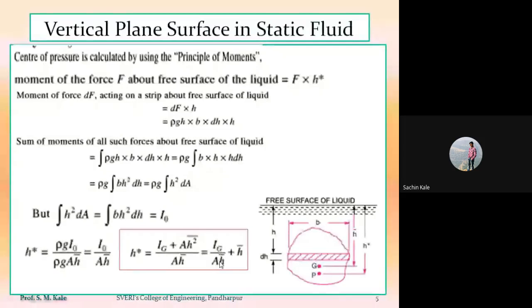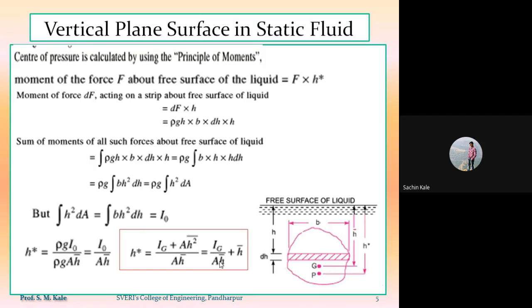Whereas the value of F, that is the pressure force acting on that body, depends upon rho g A h bar. That means it depends upon the density. So if I immerse the same object in water, and the same object in oil, then the pressure force acting in case of water will be higher compared to the pressure force in case of oil, because the density of oil is always less than the density of water.